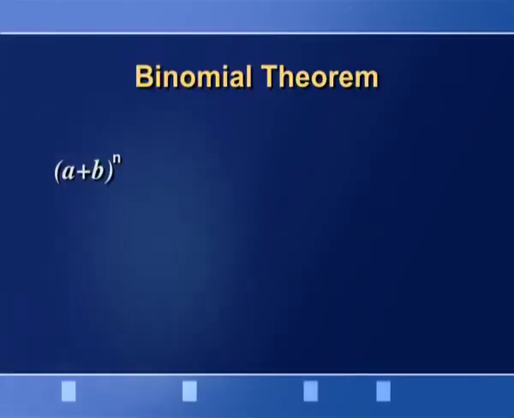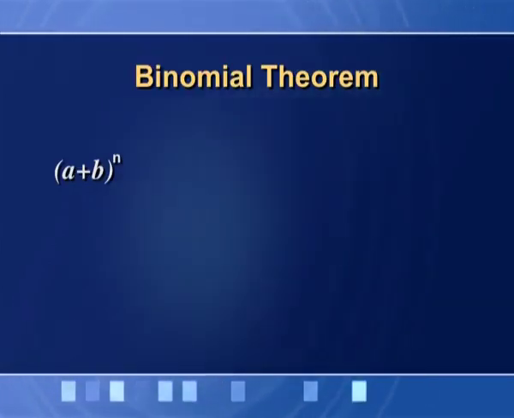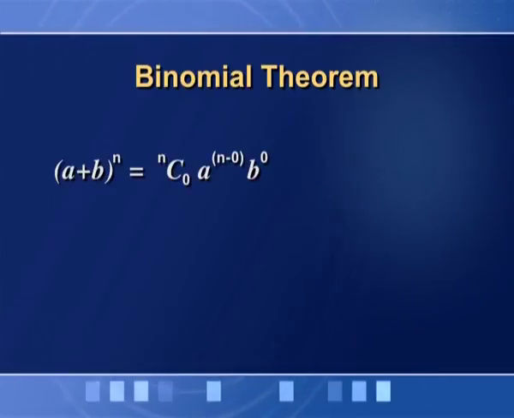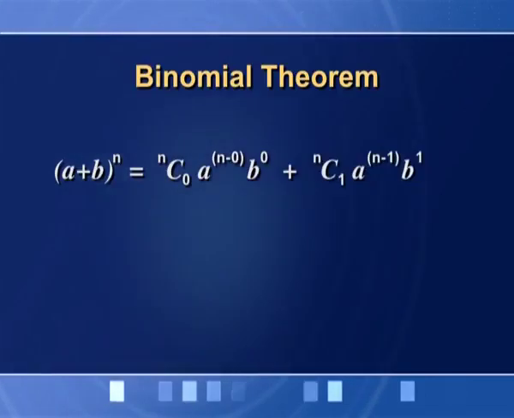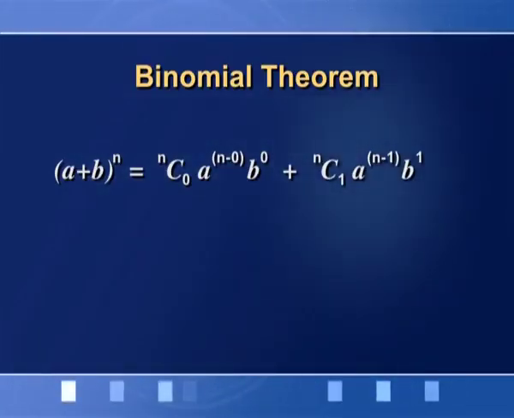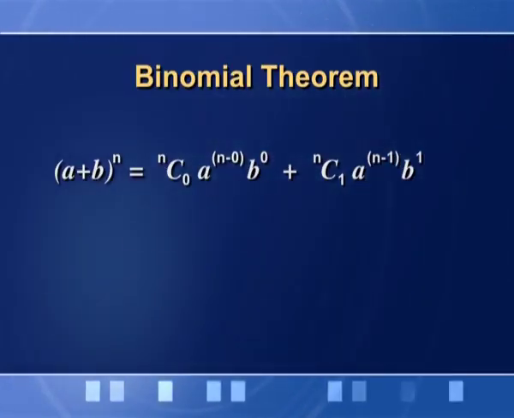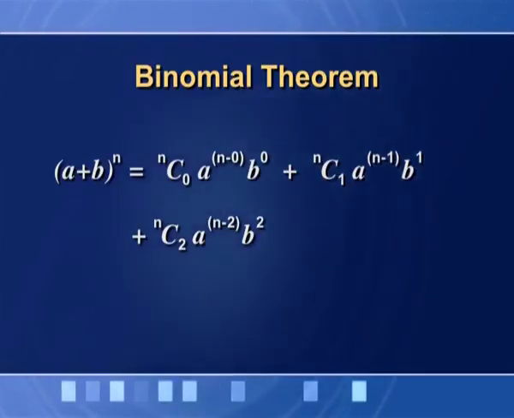In this theorem, the expansion of (a plus b) raised to the power n, where n is a natural number, is given by (a plus b)^n equal to nC0 a^(n minus 0) b^0 plus nC1 a^(n minus 1) b^1 plus nC2 a^(n minus 2) b^2.